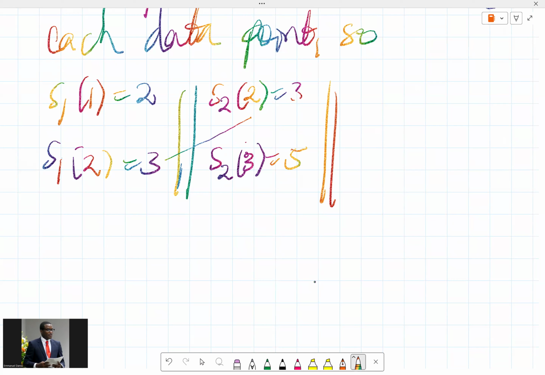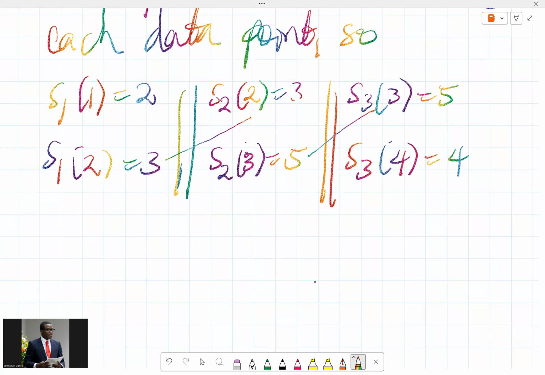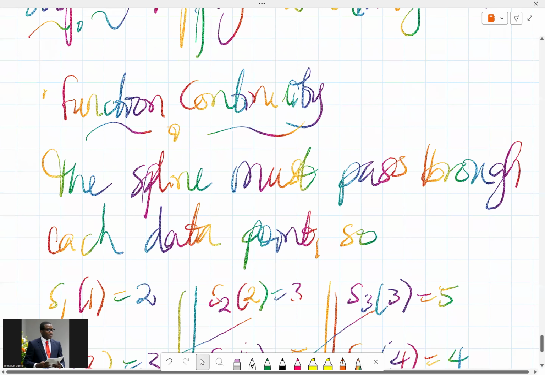Then we now go further to say that S3 of 3 should be equal to 5. So that means this and this are the same. Then finally, S3 of 4 is now equal to 4. So you can see we make sure that everything just keeps going. And that's for the function continuity.